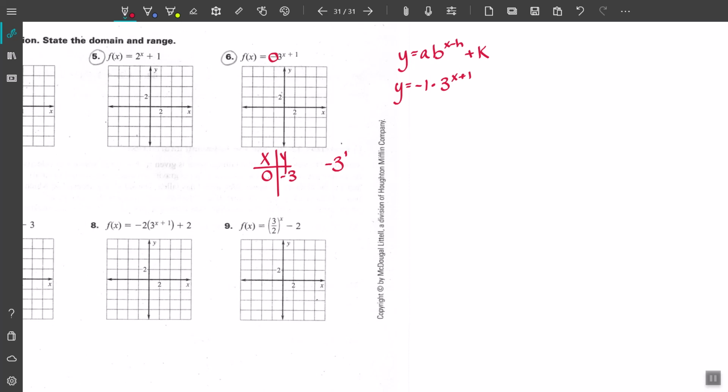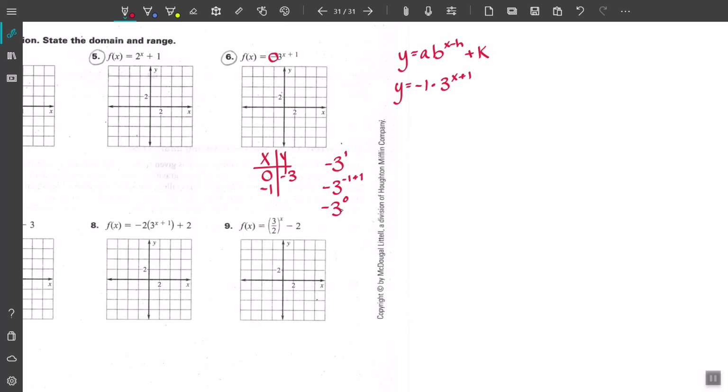And then we'll do the same thing with x of -1. So -3 raised to x of -1. You can see there we're going to end up with -3 raised to the 0 power. Once again, it's the opposite of 3 raised to the 0 power.